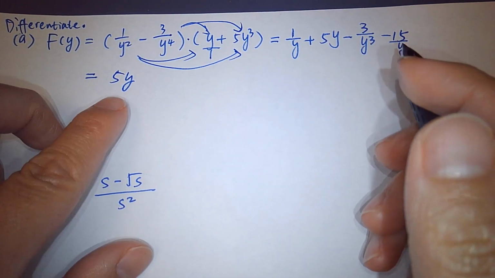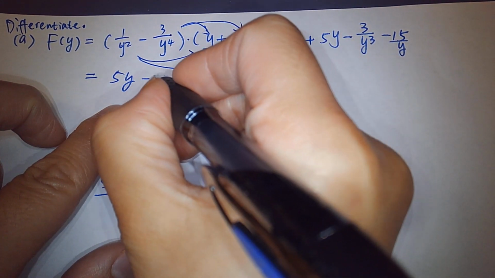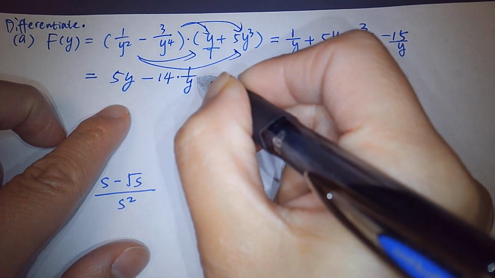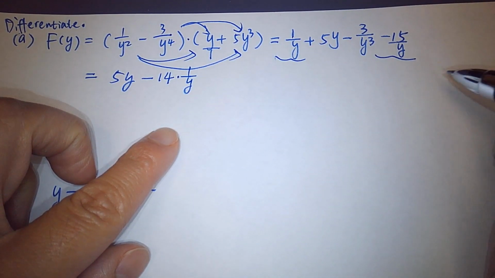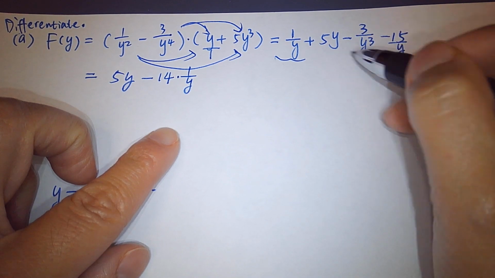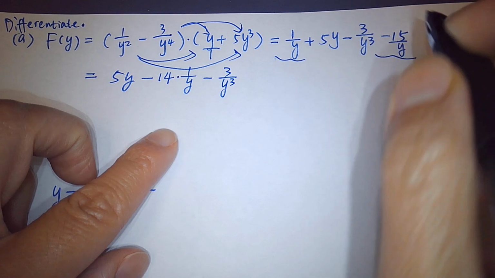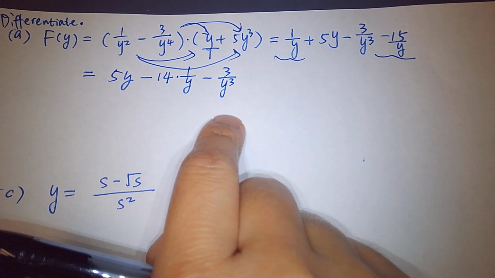There's no like term with 5y. 1 over y minus 15 over y gives us negative 14 over y, which is 14 times 1 over y, right? And then the last term is what? Negative 3 over what? y to the cube, right? So once we simplify, we should get this answer.